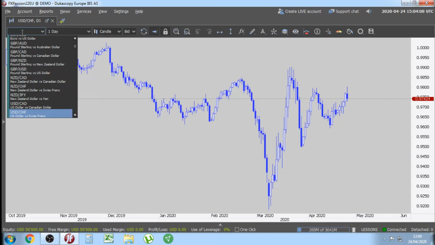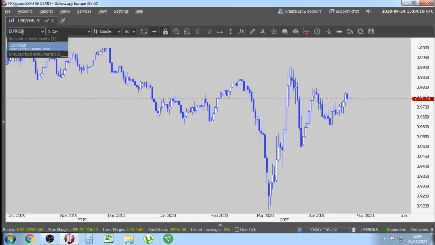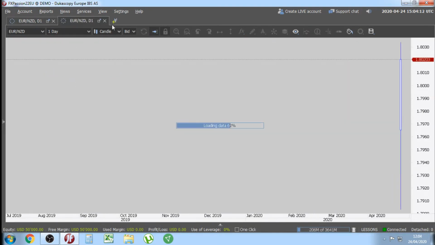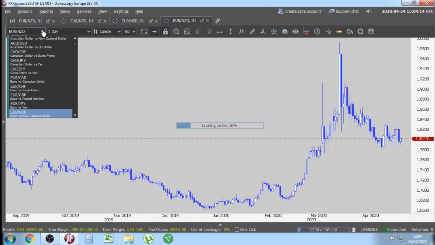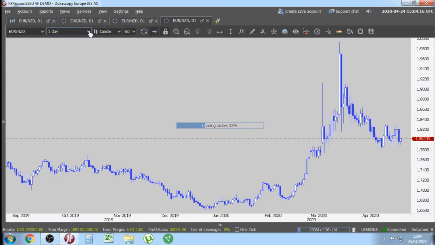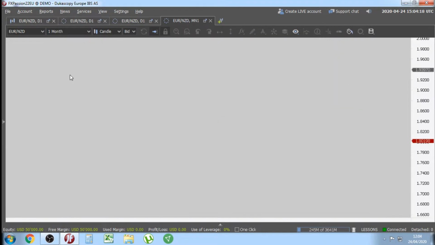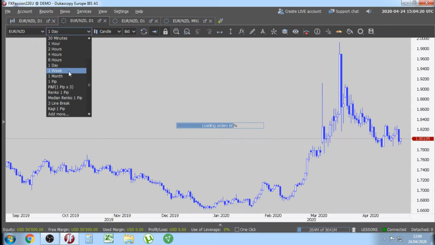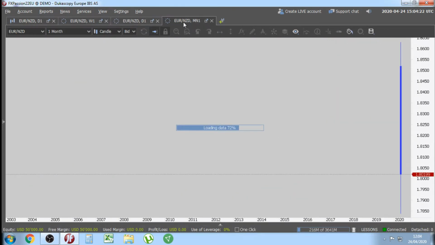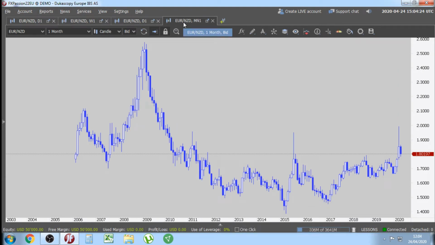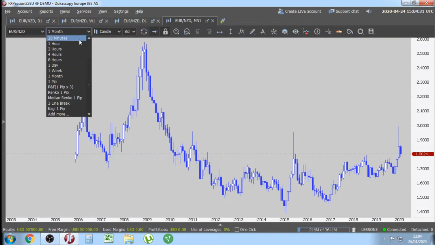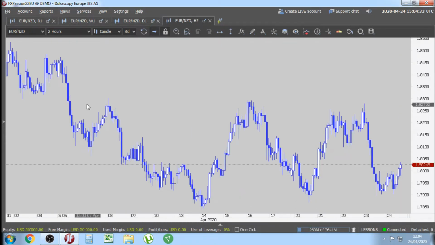Okay, so let's check Euro New Zealand. First come, first served, as always. Euro New Zealand, monthly chart, weekly chart, daily, and finally 2 hour. Romar, would you be so kind and type in the chat your entry, your stop loss, and your take profit level?